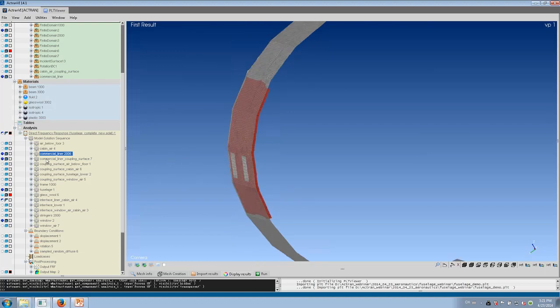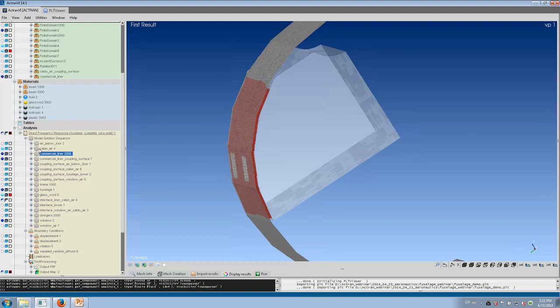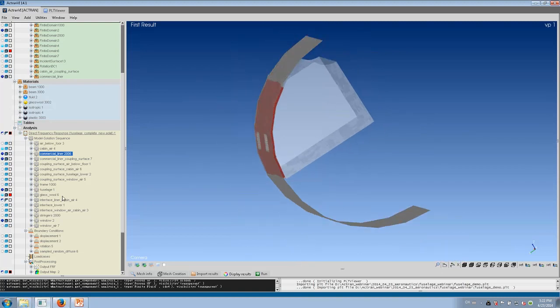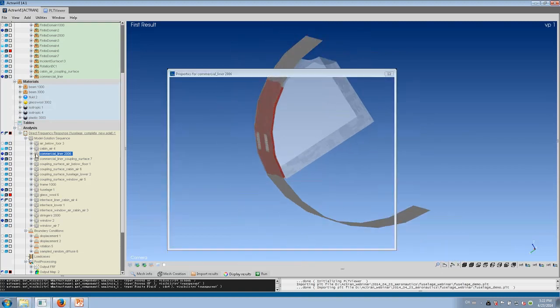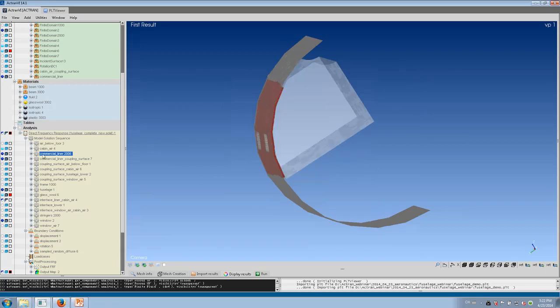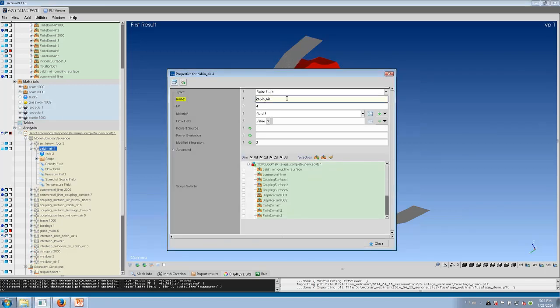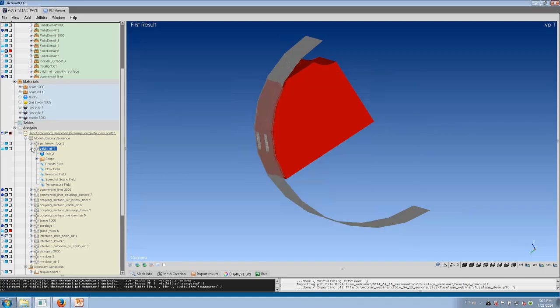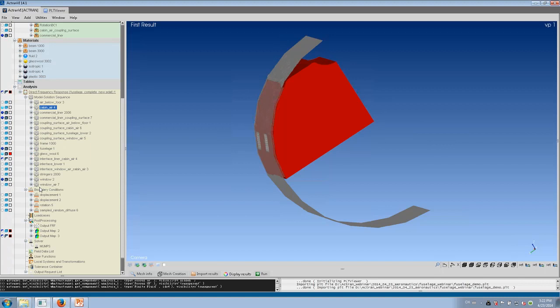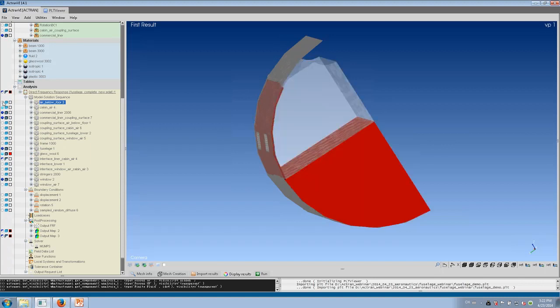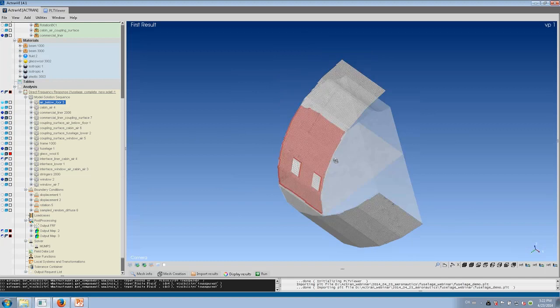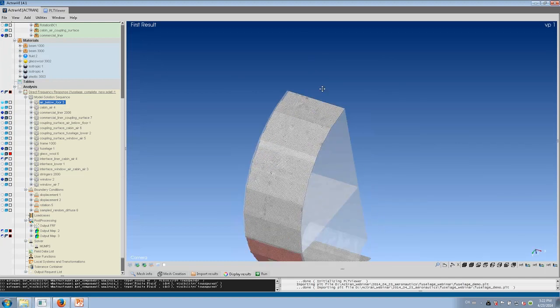And let's take a look at the air. We have the cabin air, modeled using finite fluid material, and also the air domain under the floor.